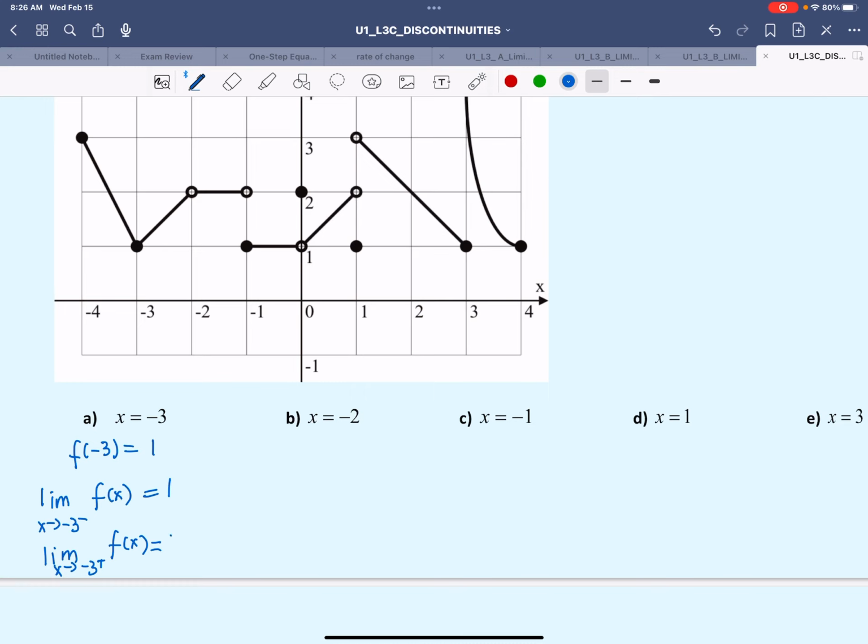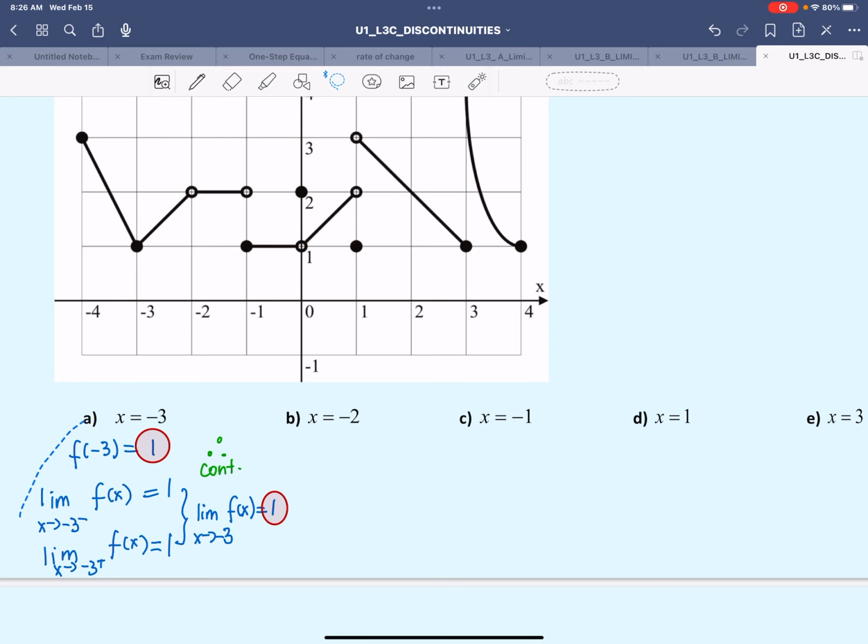So the limit on the left and right side is the same, and that means that the limit as x approaches -3 of f(x) exists, and it equals 1. If you compare the value of the function at -3 and the limit of the function at -3, these two are equal, which means that the function is continuous at x equals -3.